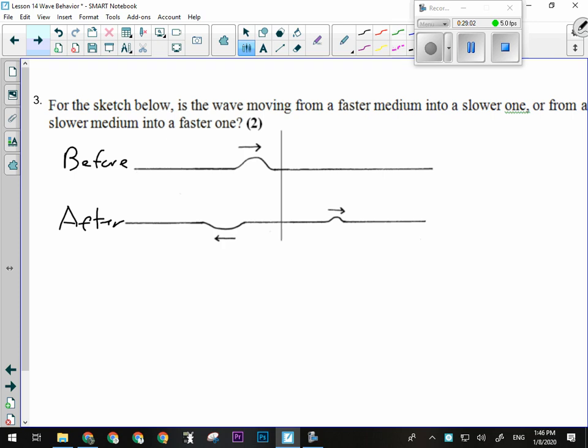Now there's 2 pieces of evidence that tell me the correct answer. The correct answer is that the second medium is more dense, and the 2 things that tell me that are the reflected wave is inverted, and the transmitted wave is shorter. Not just smaller, but also shorter. All right.